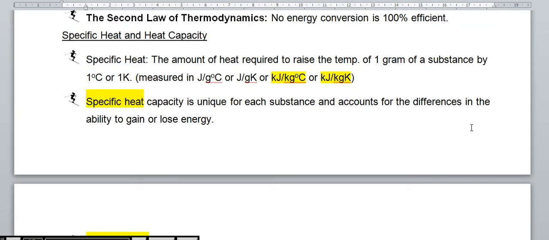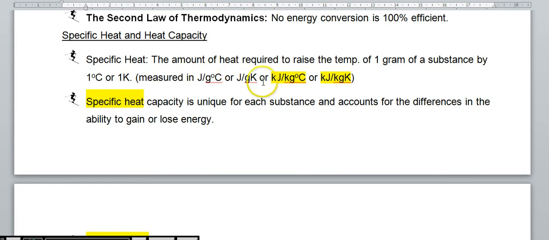As well, we have a couple of values that are referenceable. There is specific heat capacity. That's the amount of heat required to raise the temperature of 1 gram of a substance by 1 degree Celsius, or 1 Kelvin. And the units for this are joules per gram degree Celsius, or joules per gram Kelvin, or we could go kilojoules per kilogram degree Celsius, or kilojoules per kilogram Kelvin.